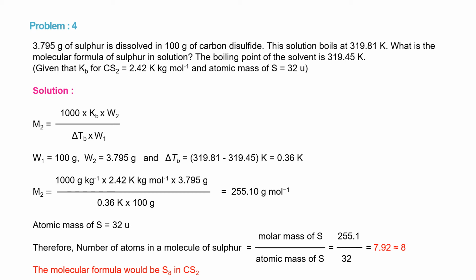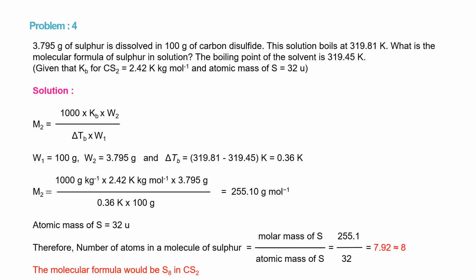So 255.1 divided by 32 is 7.92, which is nearly equal to 8. So in this case, when sulfur is dissolved in carbon disulfide, the molecular formula for sulfur is S8. Okay.